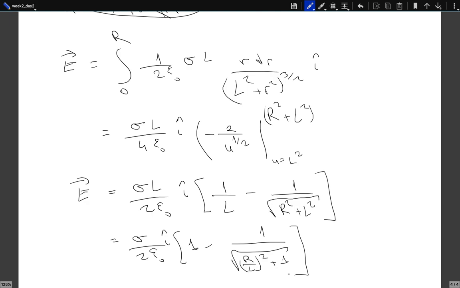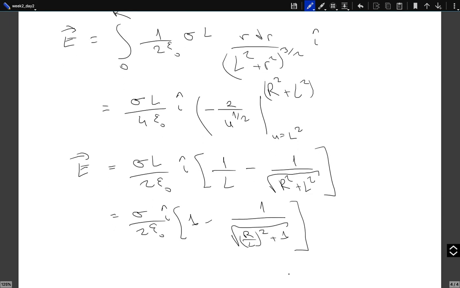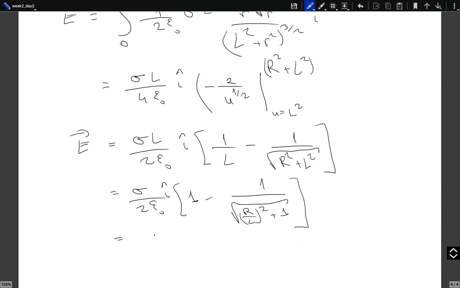So that now, for example, in the limit as R goes to infinity, this term just becomes 0, and we recover our previous result. And, well, let me also replace the sigma.